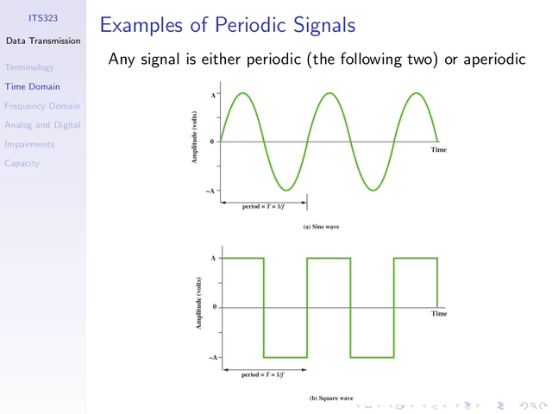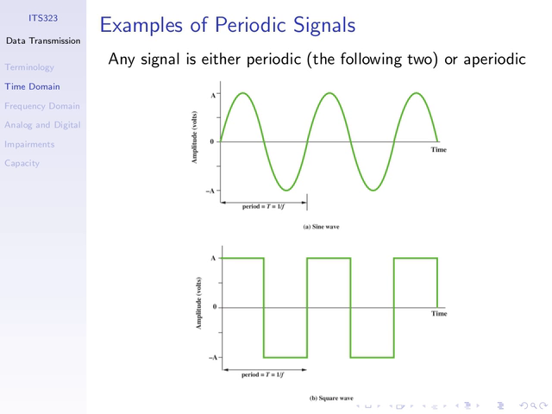In our examples, or in practice, we'll deal a lot with periodic signals to build up a signal that can be transmitted. So some of the things you know about a periodic signal, if the period is this duration in seconds, then we can say the frequency of this signal is 1 divided by the period.